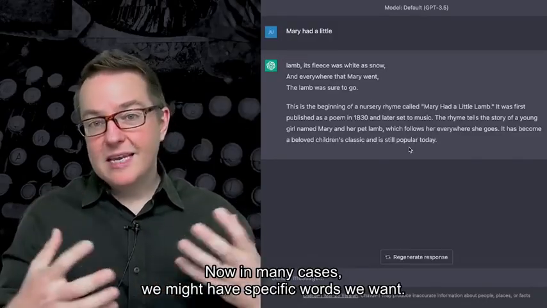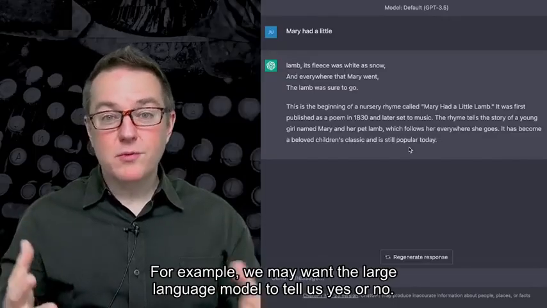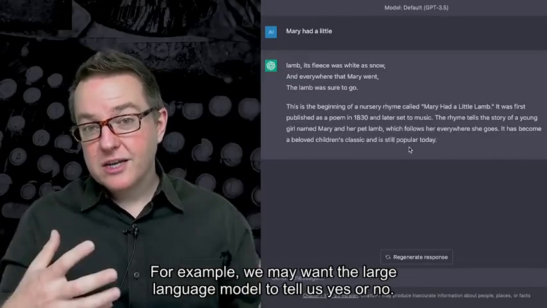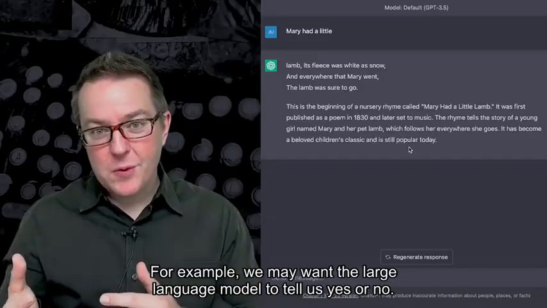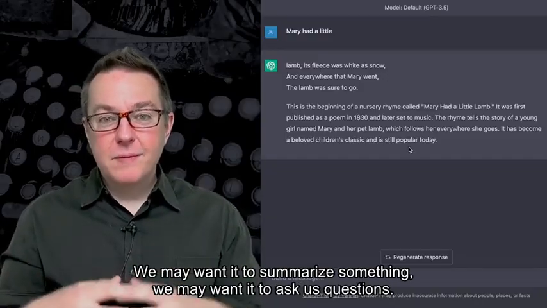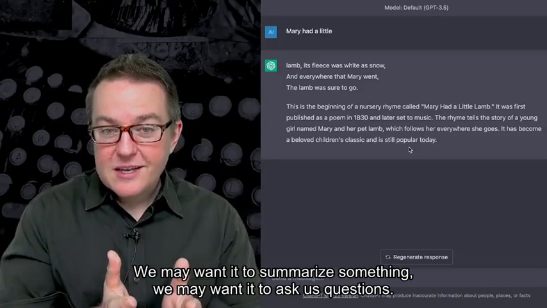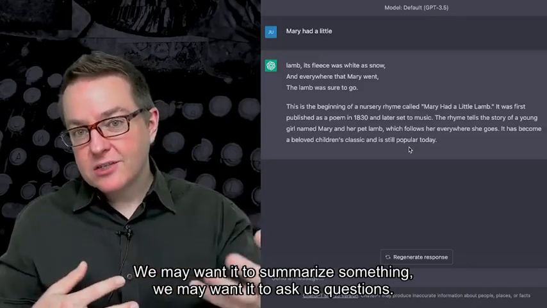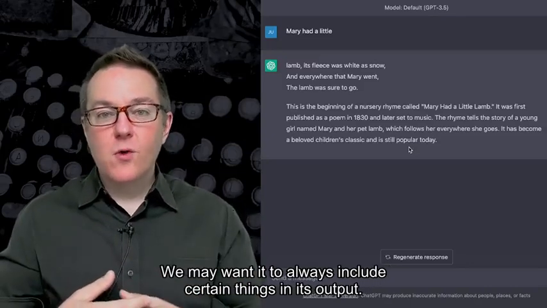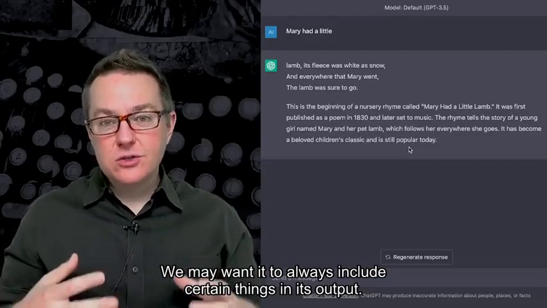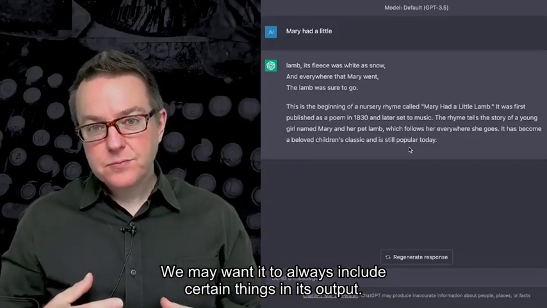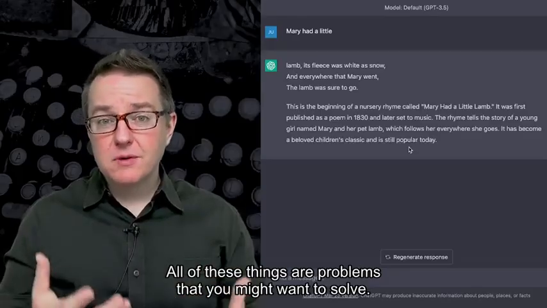Now, in many cases, we might have specific words we want. For example, we may want the large language model to tell us yes or no. We may want it to summarize something. We may want it to ask us questions. We may want it to always include certain things in its output. All of these things are problems that we might want to solve.